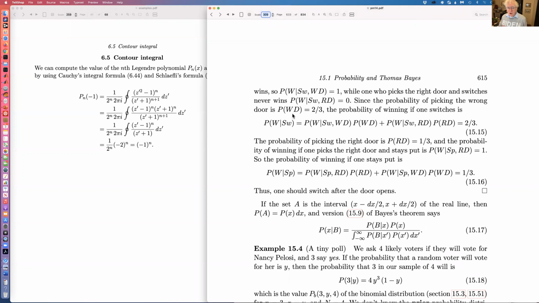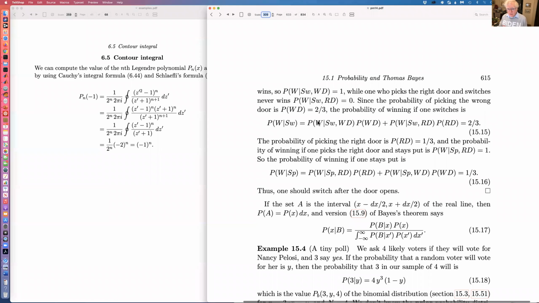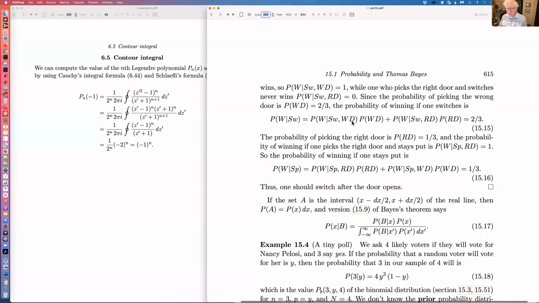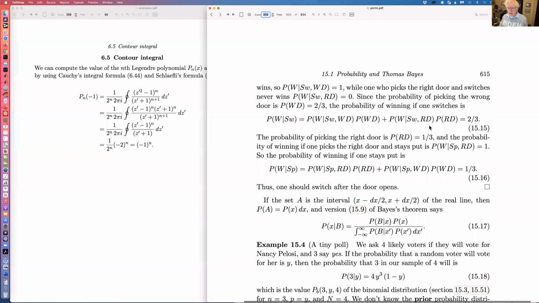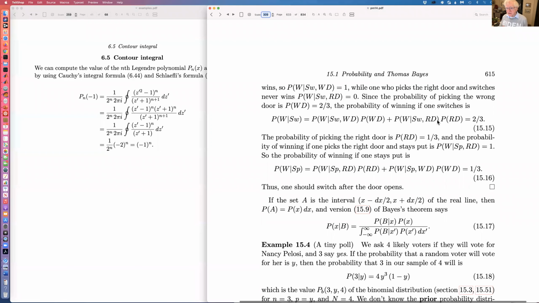And the probability of picking the wrong door is 2/3. So the probability of winning if you switch is the probability of winning given switched and wrong door, times the probability of wrong door, plus the probability of winning given switched and right door, times the probability of right door. And you multiply that, and you obviously get 2/3.